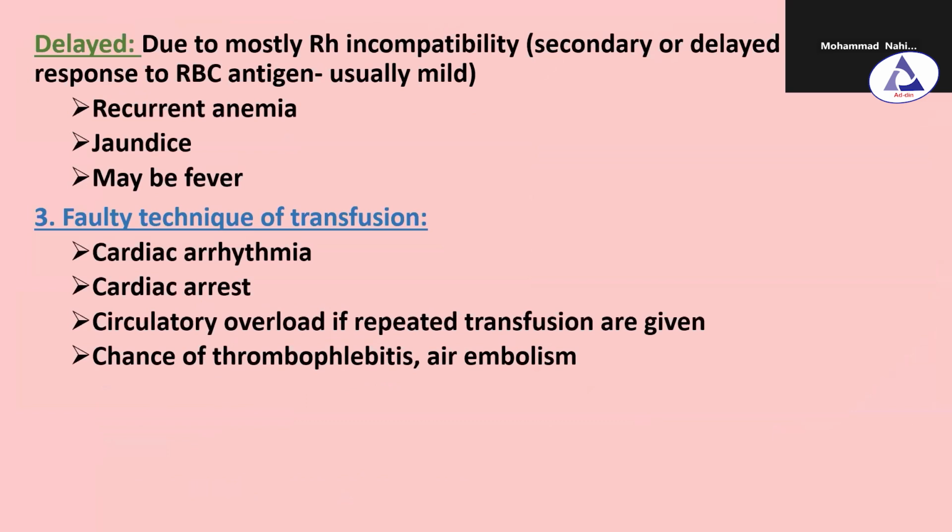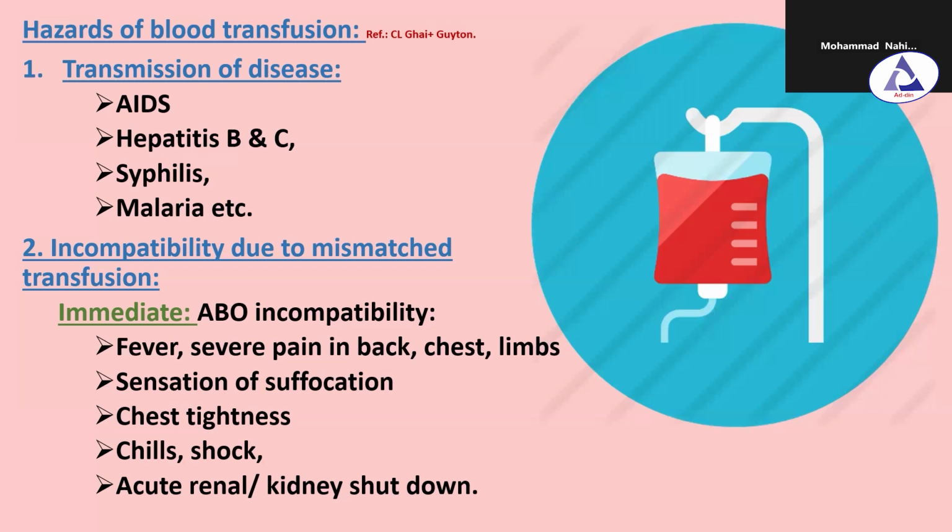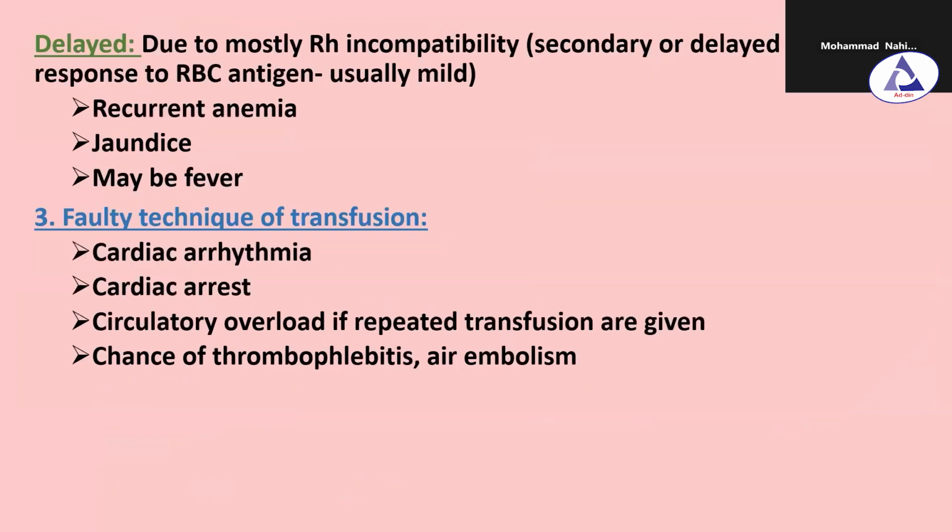Number three, the third hazard of blood transfusion can be faulty technique of transfusion. And these may cause cardiac arrhythmia, cardiac arrest, circulatory overload if repeated transfusions are given, chance of thrombophlebitis or air embolism.